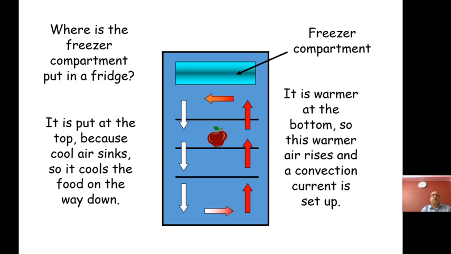Another example: we put the freezer compartment on the top of a fridge, because cool air sinks. The cool air sinks downward and cools the foodstuffs near it.